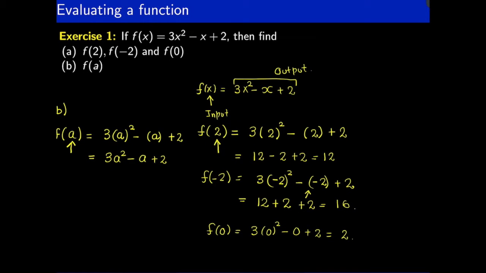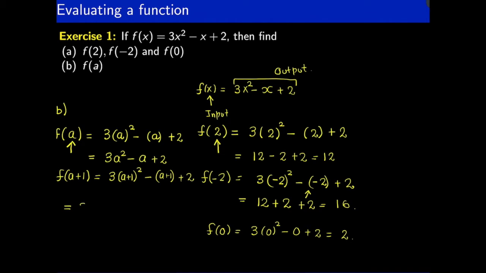This problem will be more interesting if we evaluate at a plus 1 or something like this. Now we have a variable, and then we also have a number. So again we create a placeholder first, and once we have a placeholder, we will place a plus 1 in the placeholder. And next we also have to simplify.